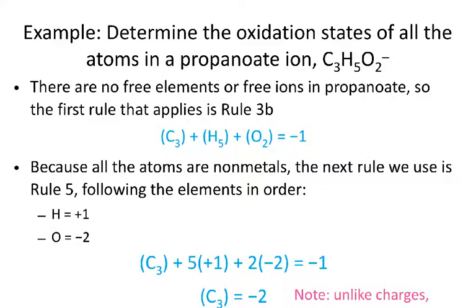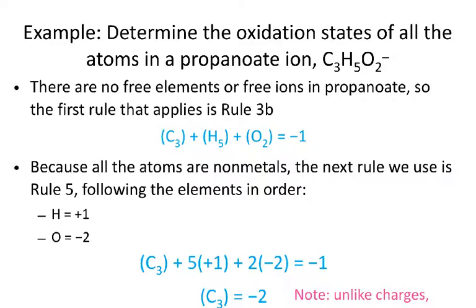So for example, determine the oxidation state of all the atoms in a propanoate ion, C3H5O2-. So we can skip the free elements, free ions. So the first thing that applies is rule 3B. All the charges need to add up to -1. Then everything is nonmetals.